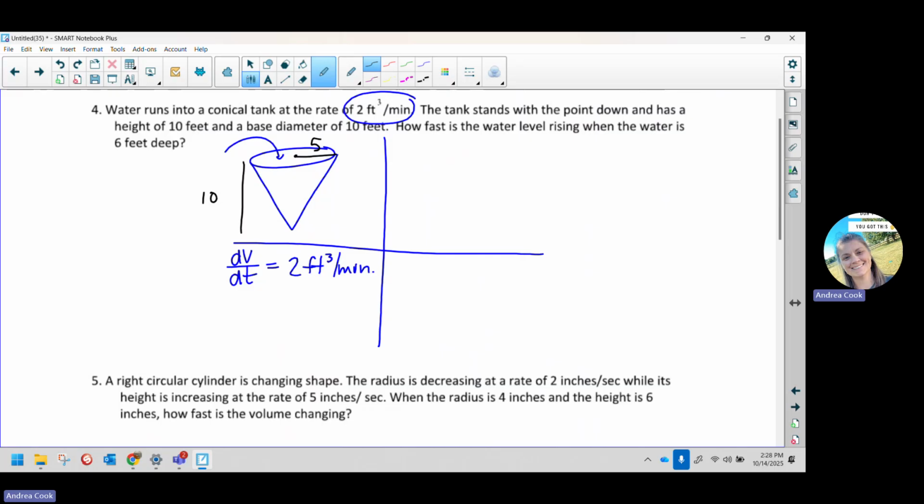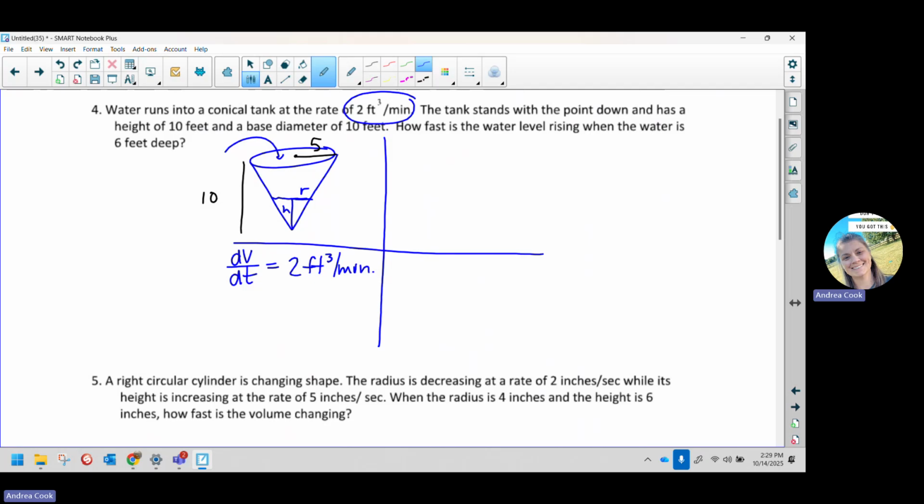But as I fill it with water, as the water level rises, if you look down, the circle is getting bigger and the height of the water is changing. So I have to label this as H and that as R because those are changing over time.